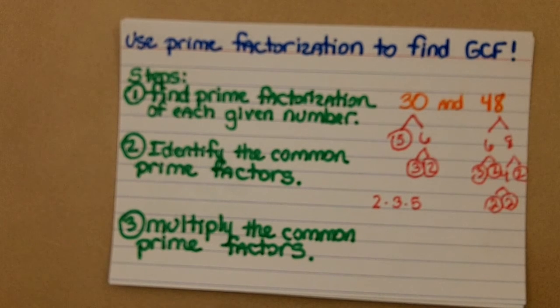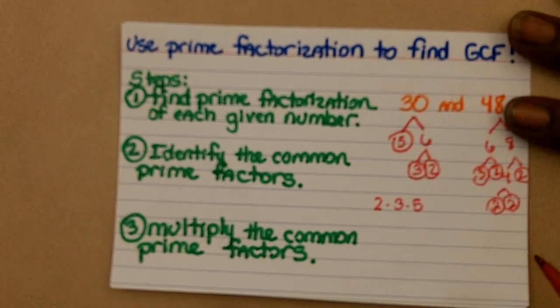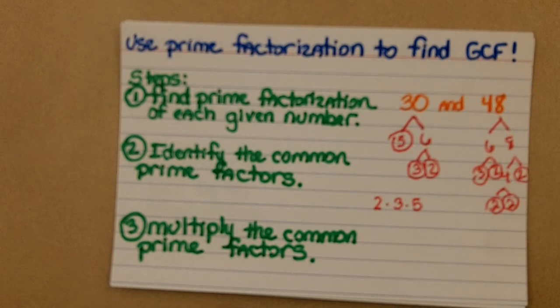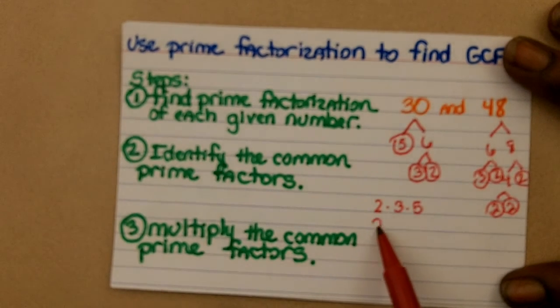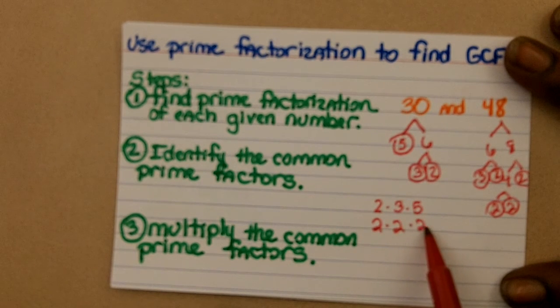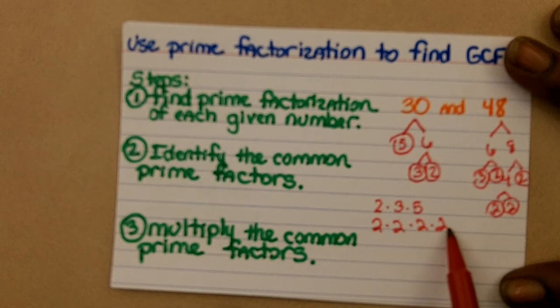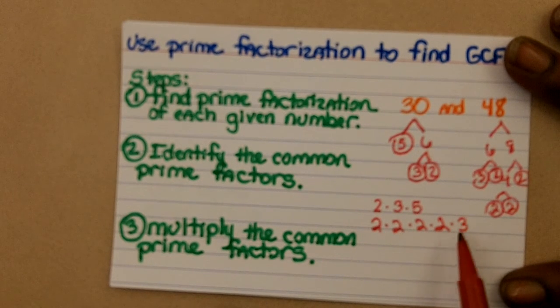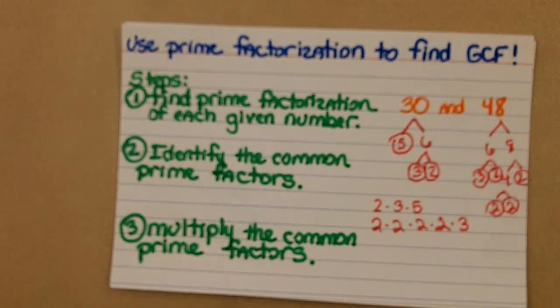So the prime factorization for 48, I'm just going to write it here, is 2 times 2 times 2 times 2 times 3. So that's the first step.